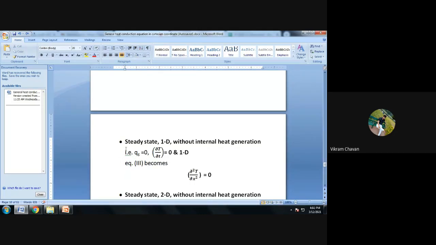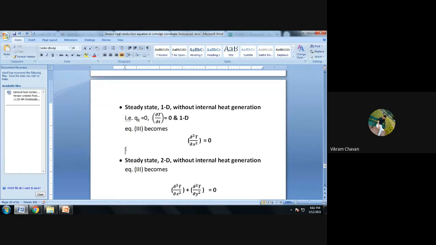The next form is steady state two dimensional without internal heat generation. Steady state means what? ∂T/∂t is equal to 0. Without internal heat generation means what?